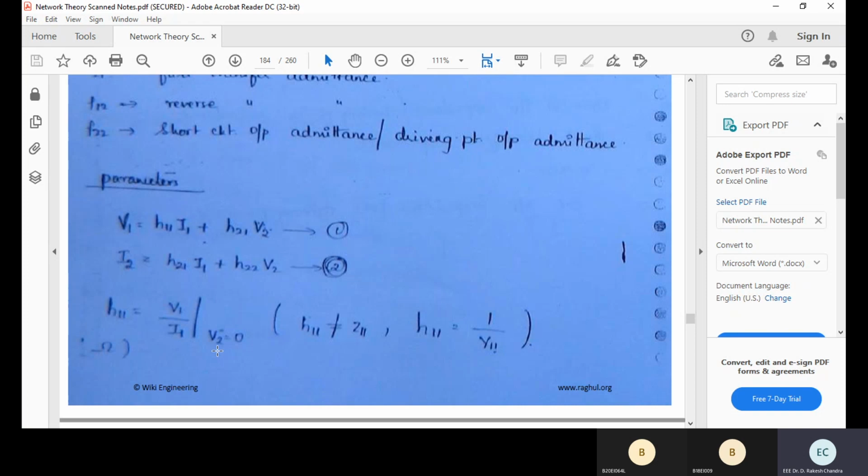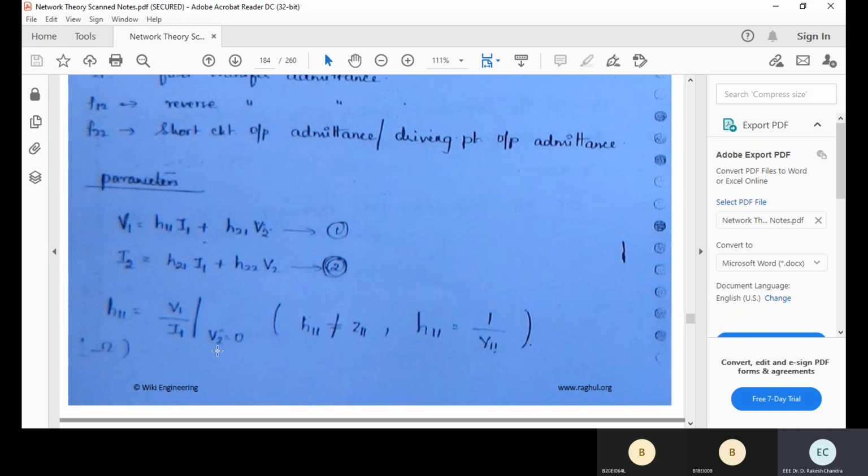The next thing is hybrid parameters. What do you mean by hybrid parameters? The name itself suggests that hybrid means combination. It is a combination of voltage and current.